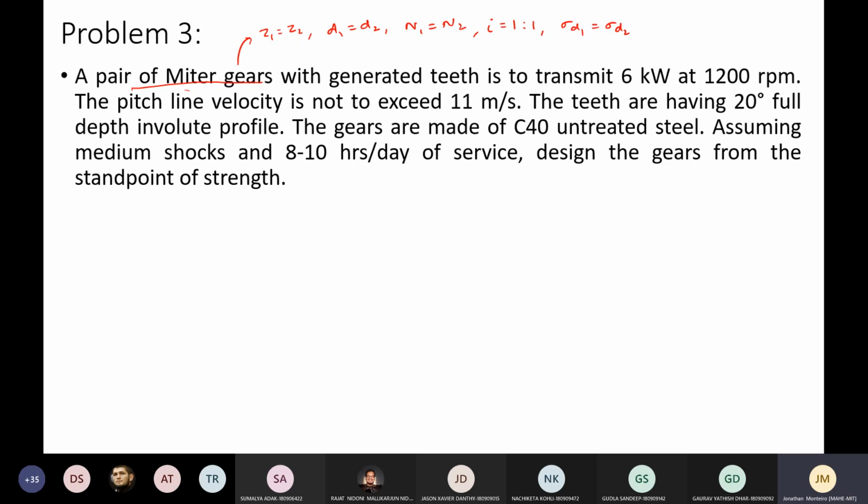Because of this property, you cannot say this is weaker and that is stronger. Both are of equal strength.